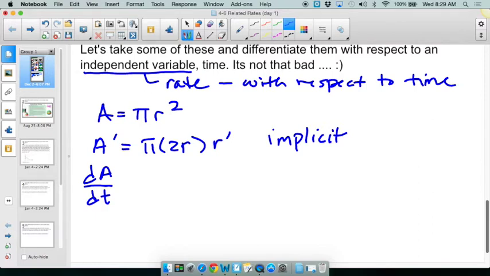Area with respect to time. Okay, so we're seeing how big that circle is getting, or small that circle is getting, growing with respect to a second or a minute or an hour. Okay, and then I'm going to write this like you said it earlier, 2 pi r, and then I'm going to have you write the Leibniz notation there, dr dt. Okay, so differentiating area looks like that.